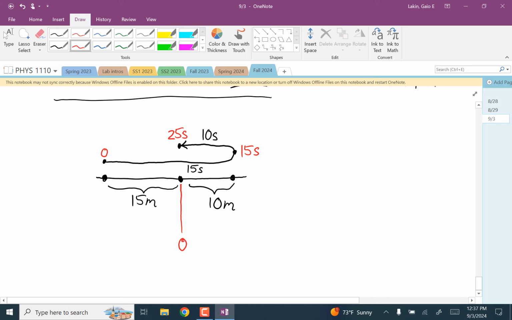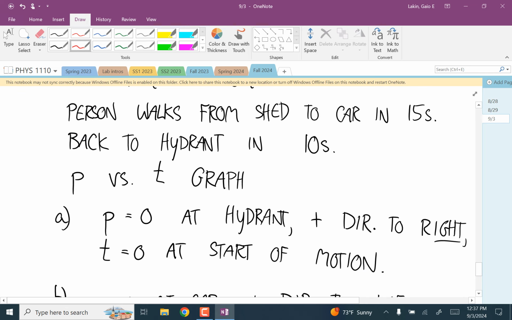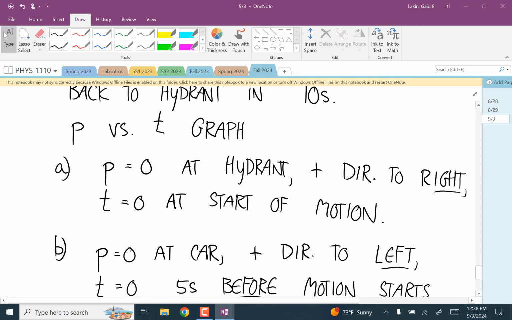Why? Just because that's what it said here. I'm just trying to show you that you can do these problems with different choices of 0 position and positive direction, and your solutions will look different. These choices are fundamental to the answers you're going to get.